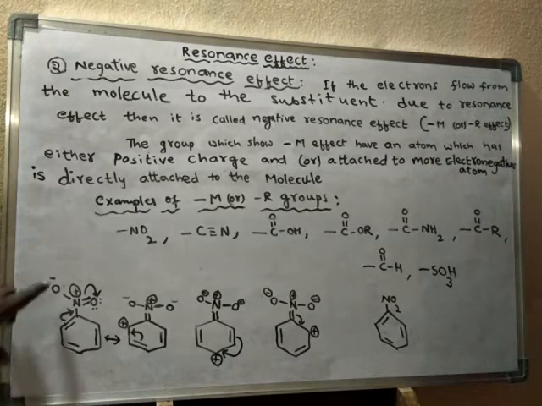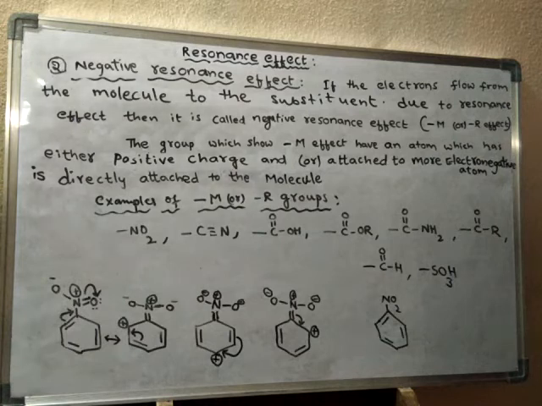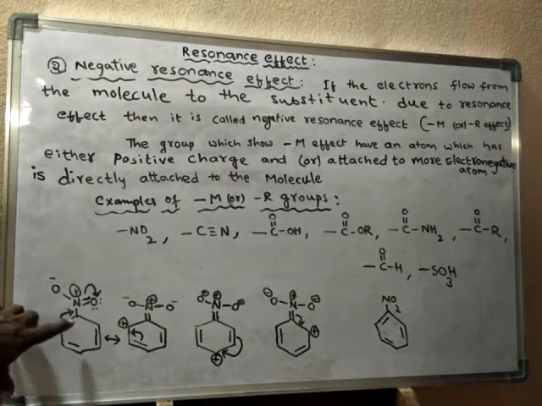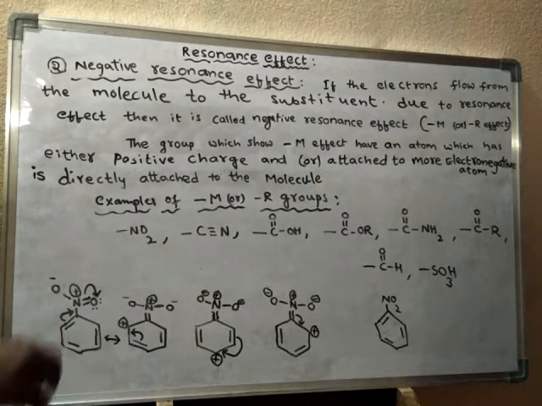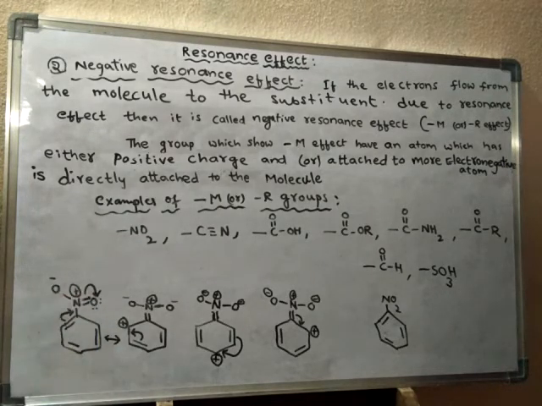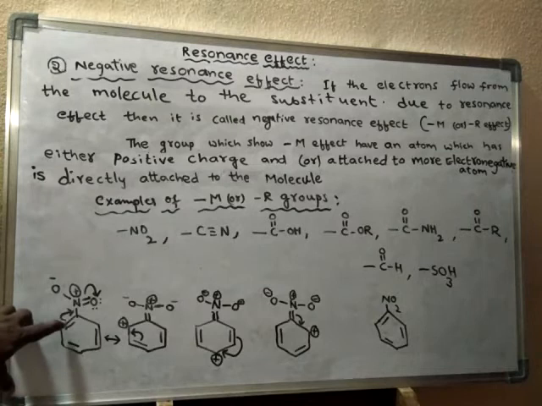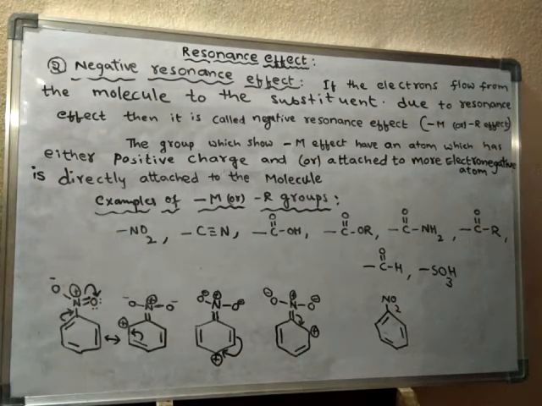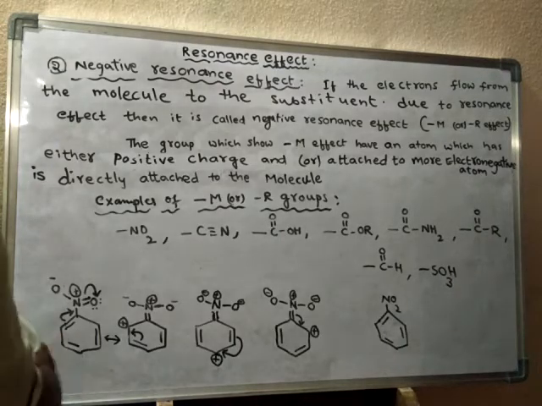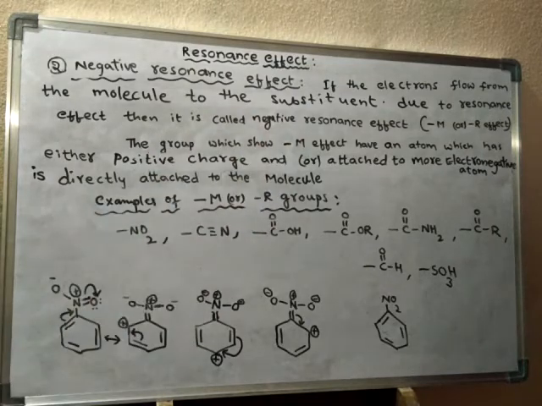Okay, so if such a group exists, what happens? Electrons will flow from the rest of the molecule towards that substituent group. So this group is nothing but a substituent. When the electrons flow from the rest of the molecule towards the substituent, and this flow is due to resonance effect, then such an effect is said to be negative resonance effect.